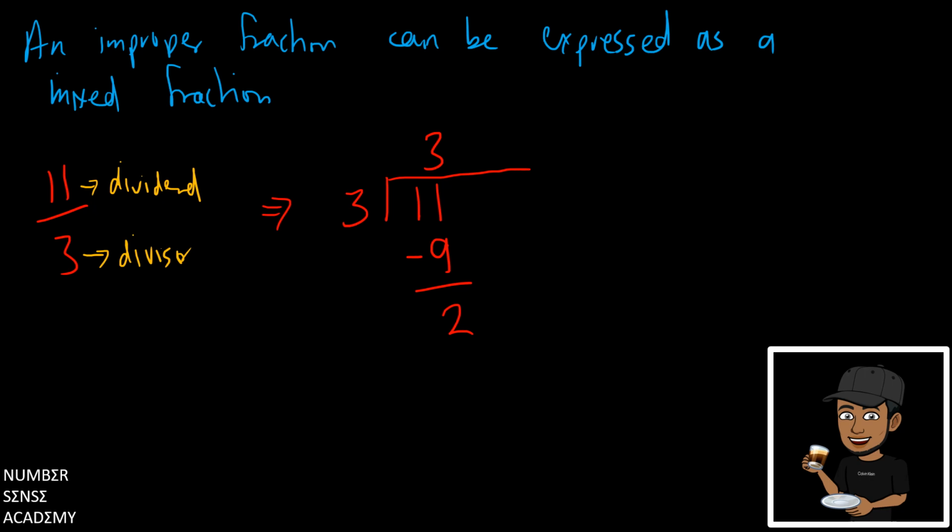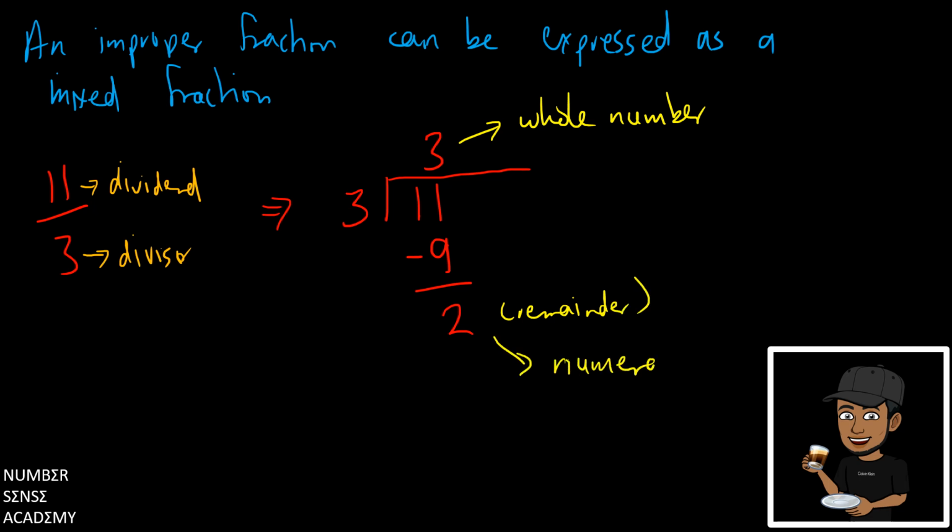So what happens? This 3 is my whole number. This remainder becomes my numerator in the proper fraction part of the mixed fraction.